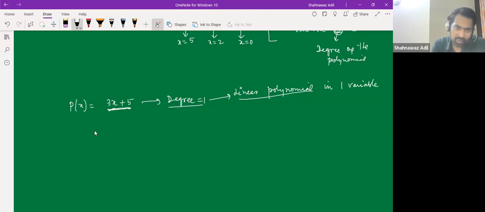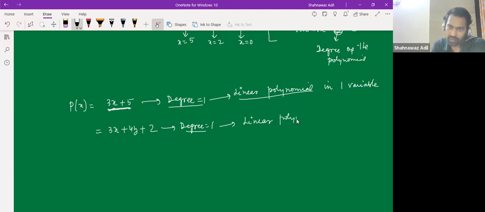And if I write a polynomial like 3x plus 4y plus 2, what is the degree of this polynomial? 1, sir. Again, degree is 1, so this is a linear polynomial in two variables.